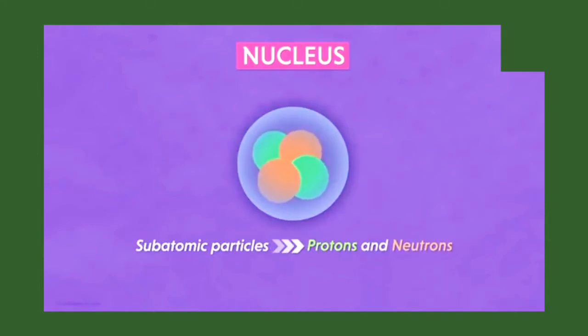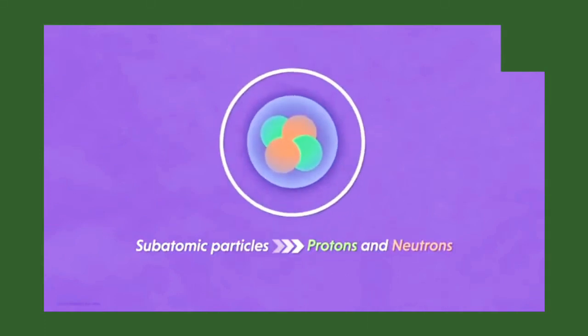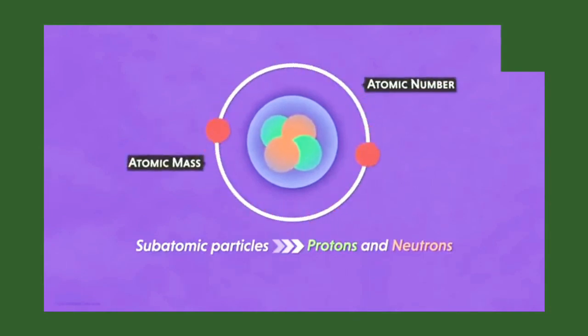The presence and the number of protons and neutrons in the nucleus of any atom define many important characters like the atomic number, atomic mass, isotopic forms, and so on. Wait a second. Do we know what these are? What do we mean by atomic number? How is it different from the atomic mass, and what exactly are isotopes?